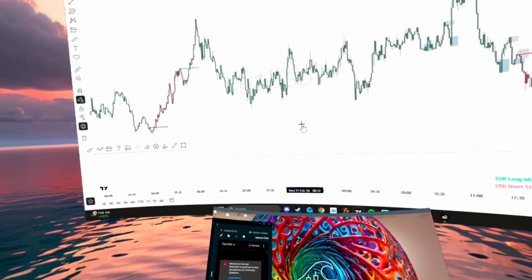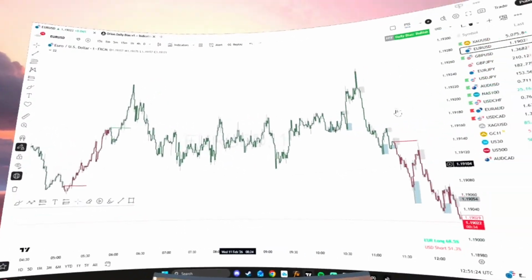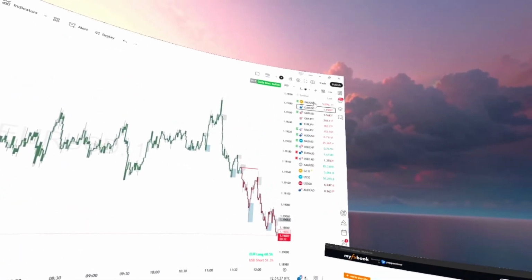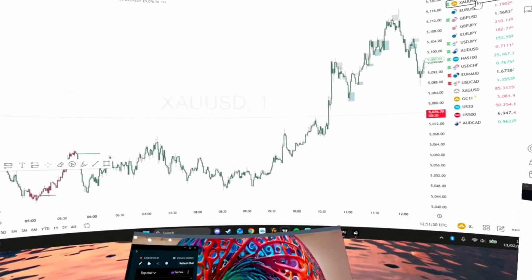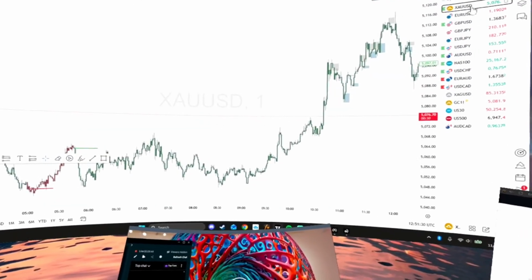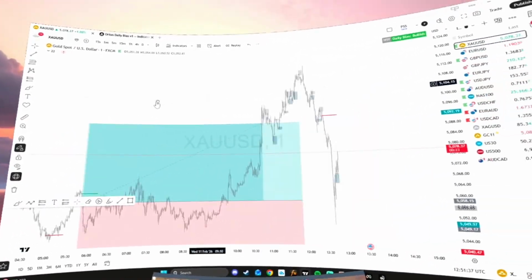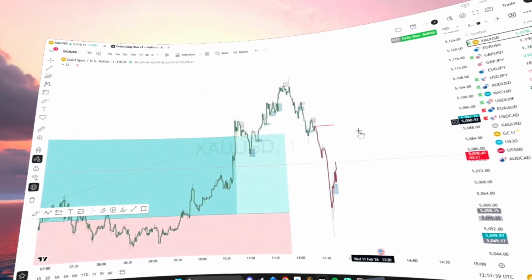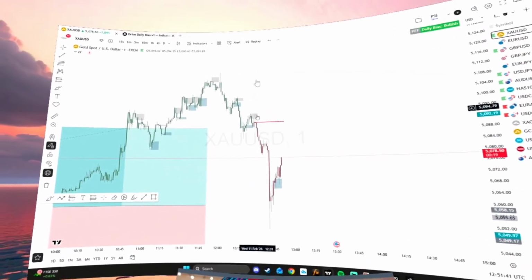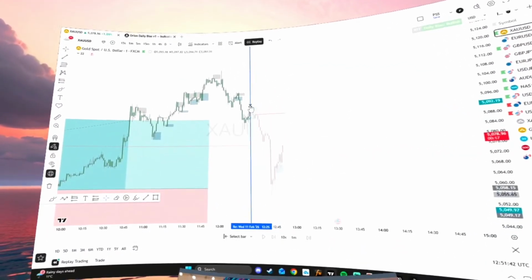Just watching Gold play ping pong. I've not actually looked at Gold today, to be honest. Look at the indicator telling you to sell right there, though. Rewind it.